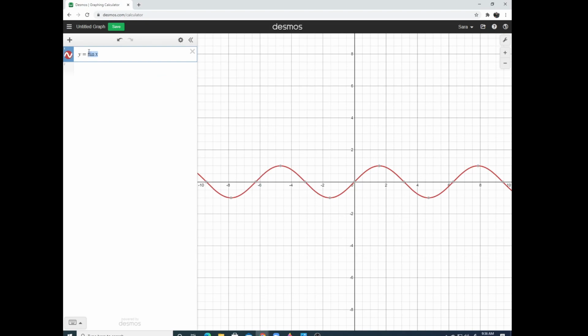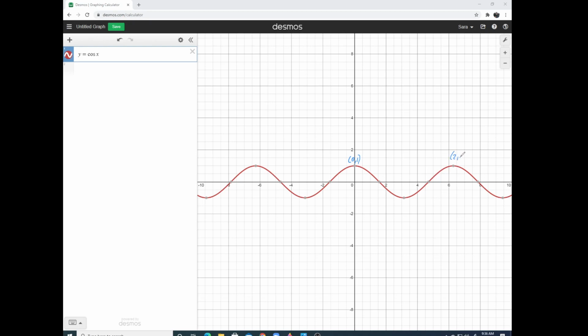So let's show you for the cosine. We see a very, very similar situation here. If you were to draw in our situation, I have, say, the point right here is 0, 1. It takes one complete cycle.